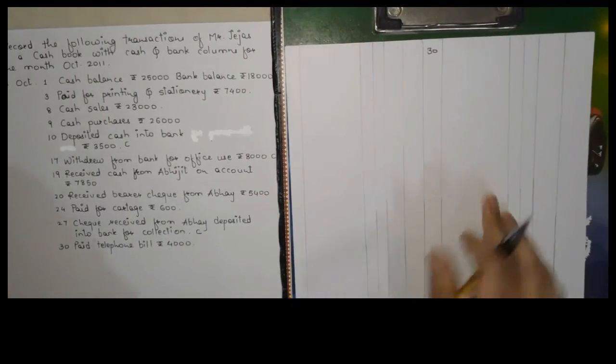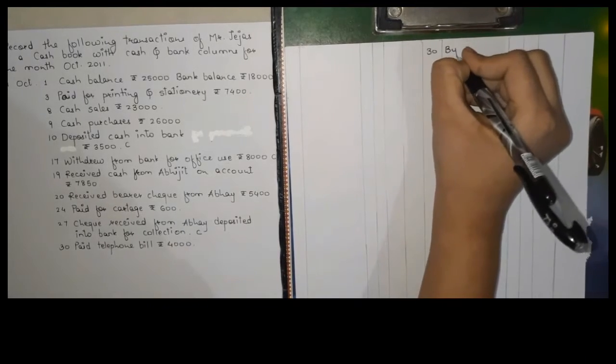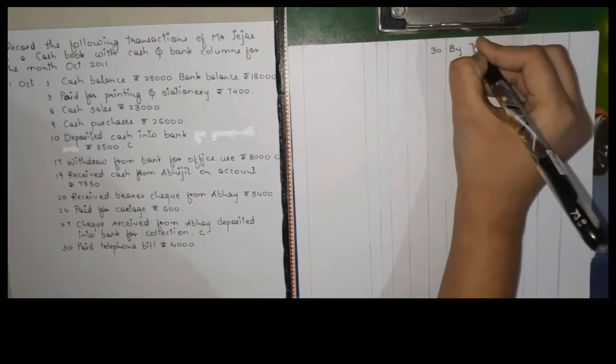Last transaction, paid telephone bill rupees 4,000. Now here we are paying this telephone bill, so we have to write this transaction in the payment side on 30th by telephone bill.